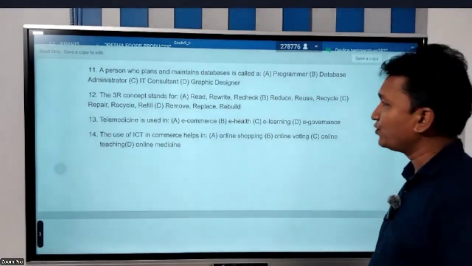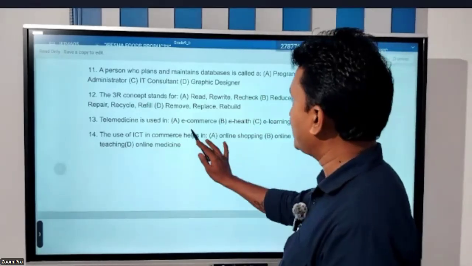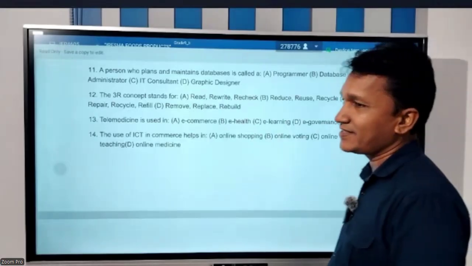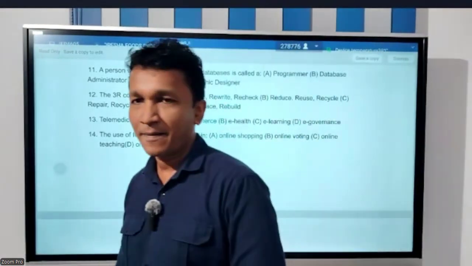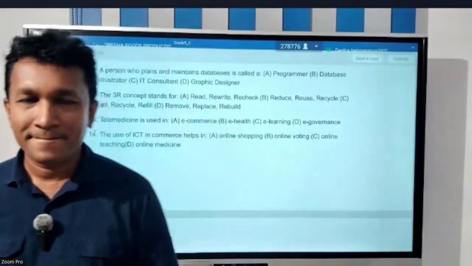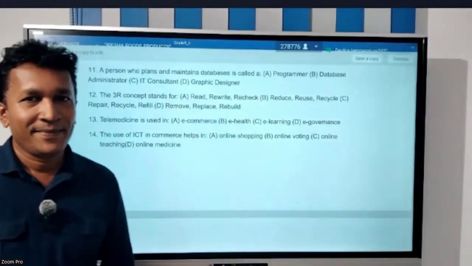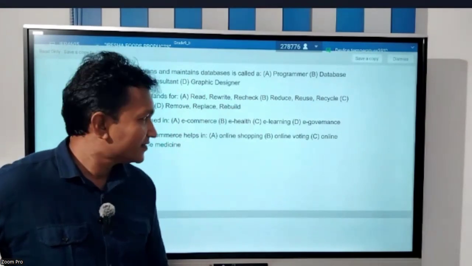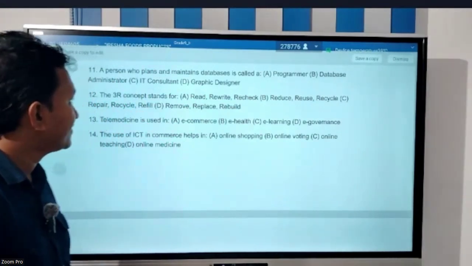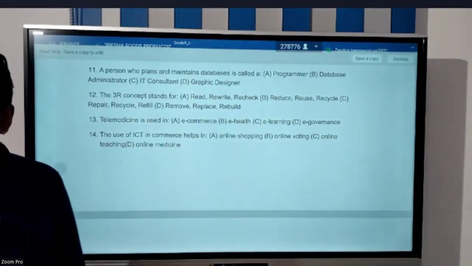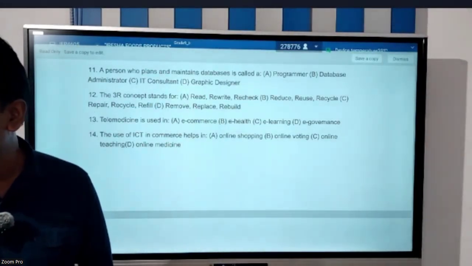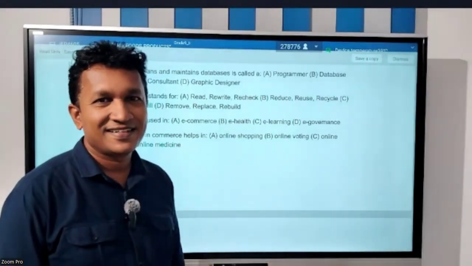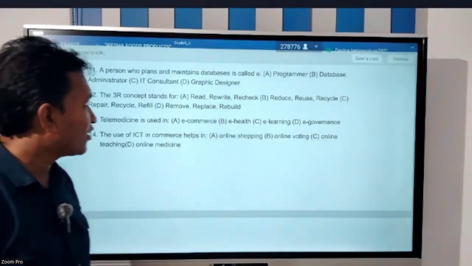Telemedicine is used in e-commerce, e-health, e-learning, e-governance. What is the answer? Telemedicine. What is the answer? E-commerce. Little bit louder. E-commerce.